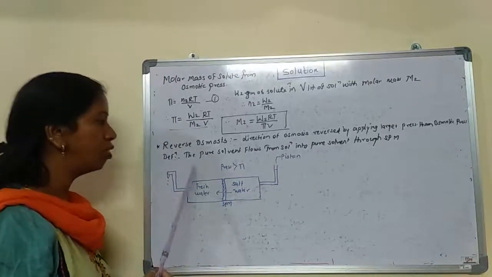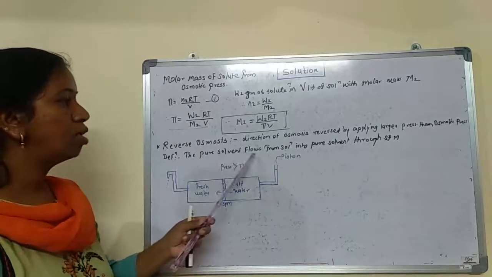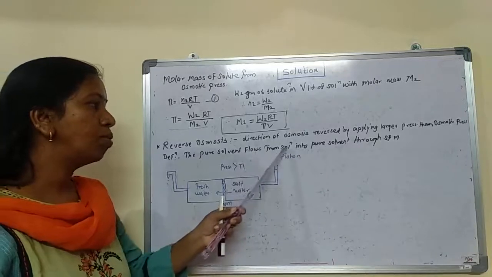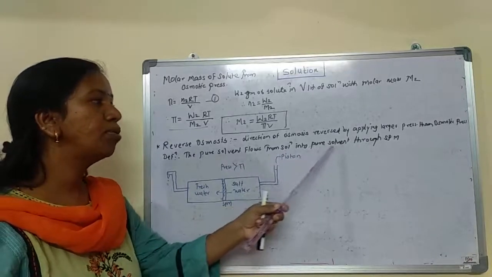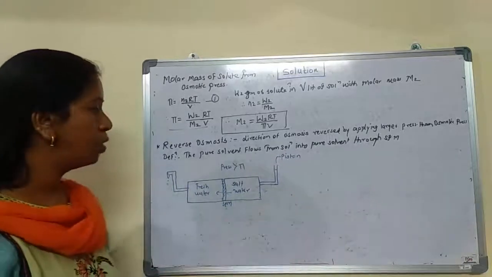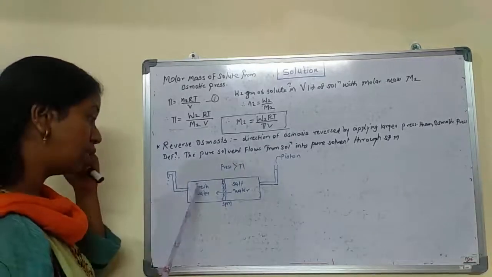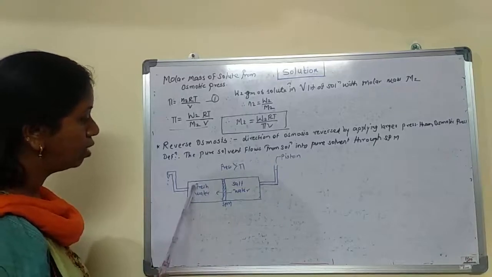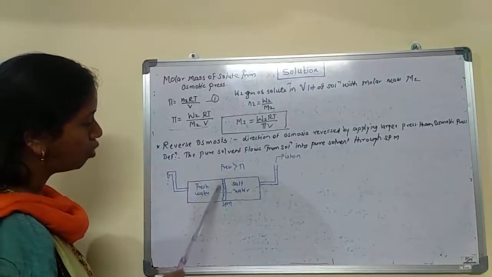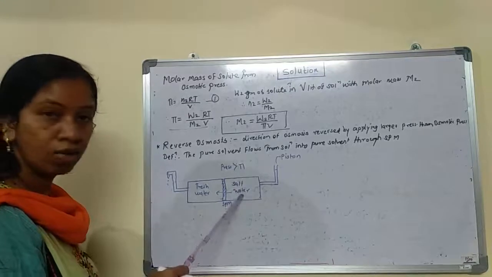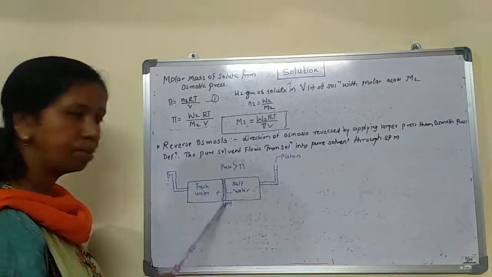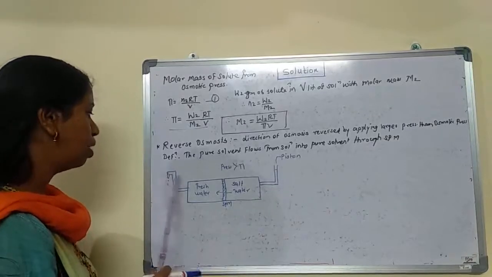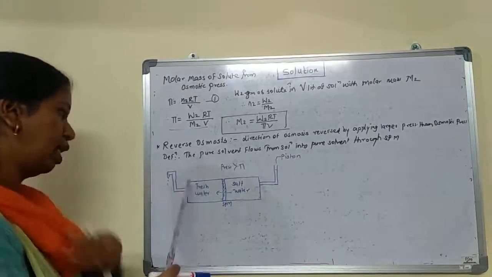So that is known as reverse osmosis. Here is the definition: pure solvent flows from the solution into the pure solvent through the SPM. For that we take this figure: fresh water in one container, and salt water in another container. They are separated by the SPM, the semi-permeable membrane. Here we apply the piston, and here is the outlet.